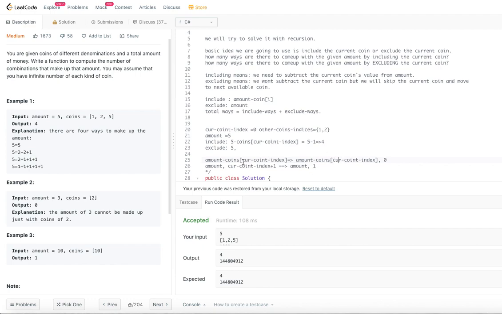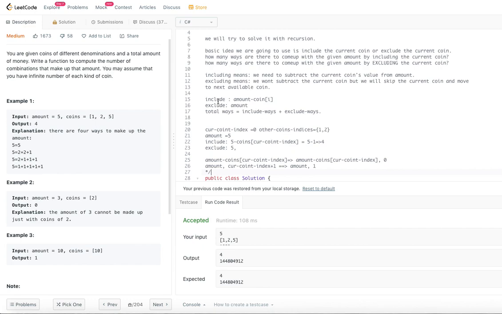So what we are essentially saying is we are trying to calculate the number of ways including this particular coin and excluding this particular coin. So finally the total number of ways will be the addition of both.